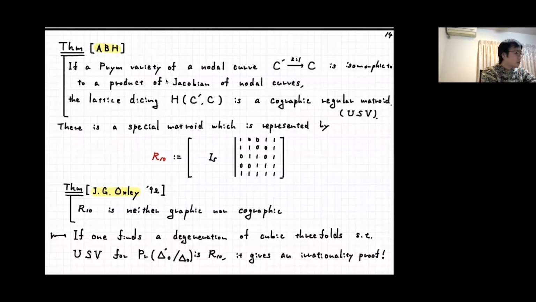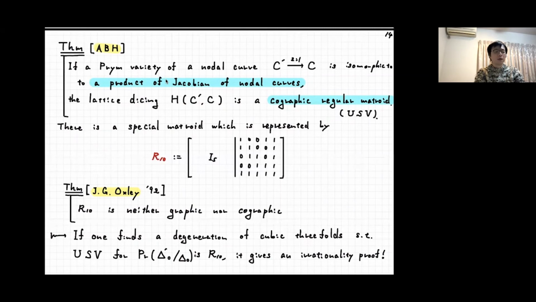If a Prym variety of a nodal curve C prime to C is isomorphic to a product of Jacobians of nodal curves, then in fact the lattice dicing HC prime C is a cographic regular matroid. So here we can reduce the question of what a Prym variety is to an observation about the regular matroid, so we can use a result from graph theory.